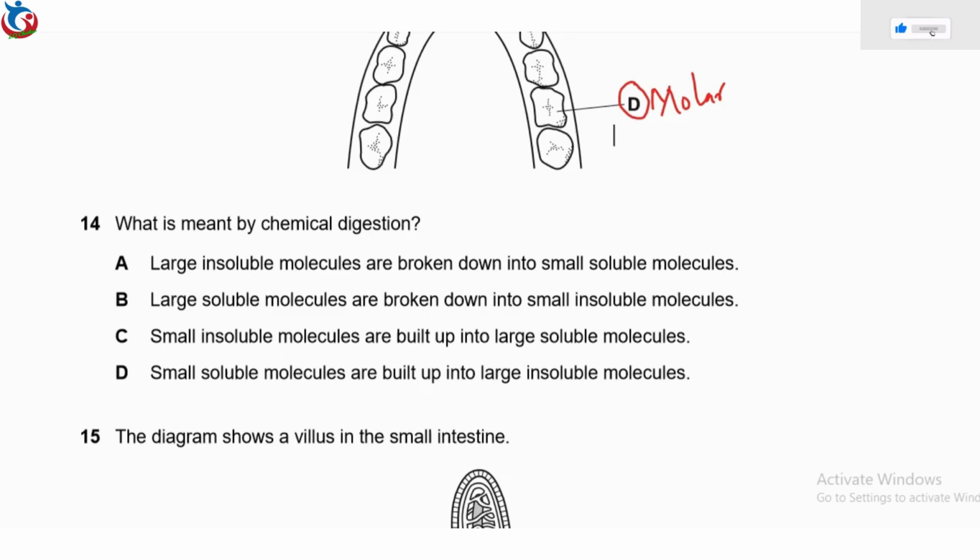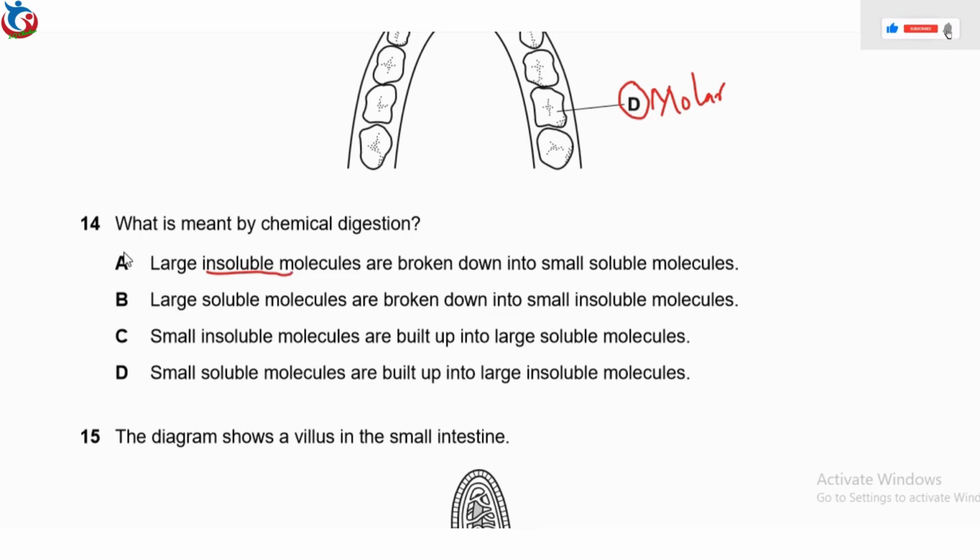Then question 14 says, what is meant by chemical digestion? If you really understand what chemical digestion is, you should know that in chemical digestion, large insoluble molecules, take note of that, insoluble molecules are broken down into small soluble molecules.